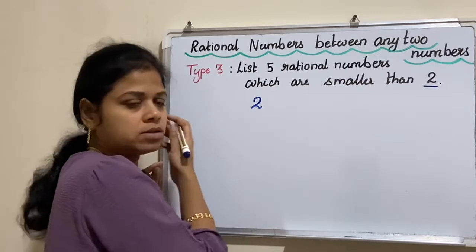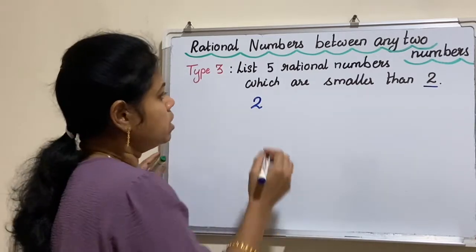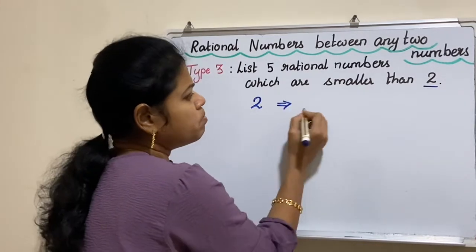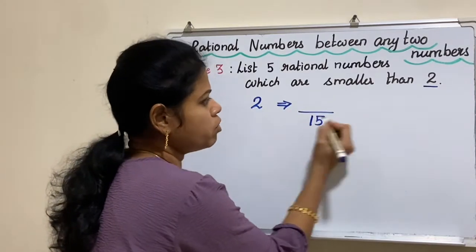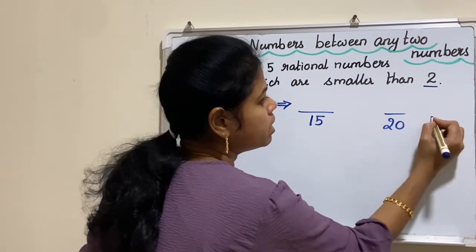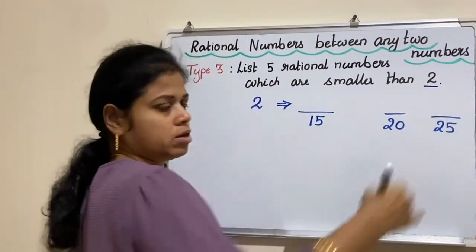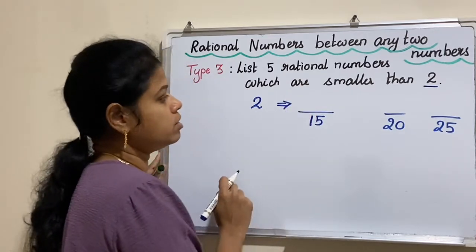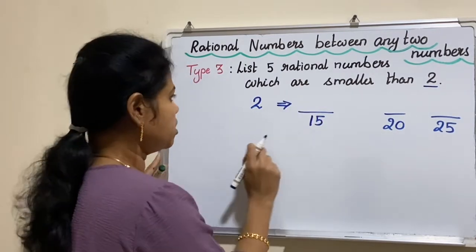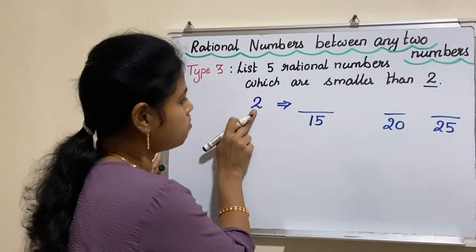So how can we write this number in the form of p by q? See, make the denominator any number. Like make it 15, or you can make it 20, or you can make it 25, anything you can make it. Denominator will be any number. Then for the numerator, to write the number in the numerator, this denominator you have to multiply with this number.